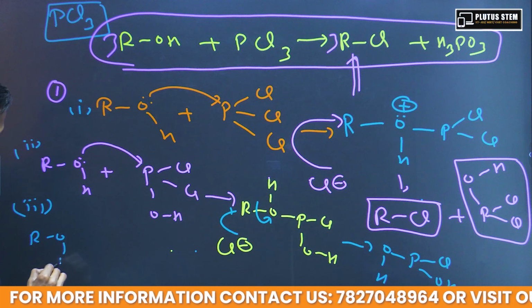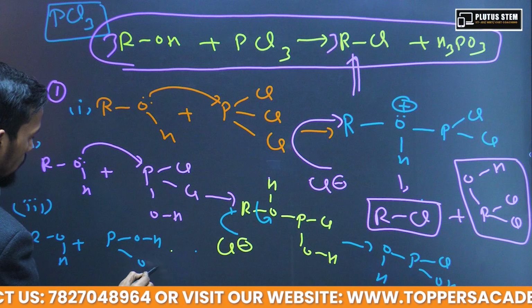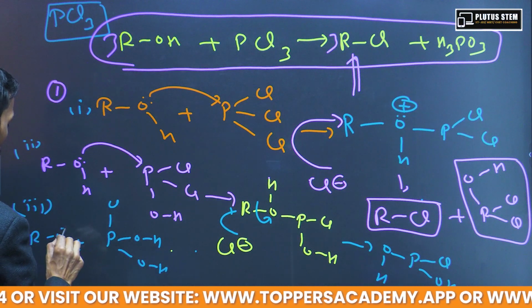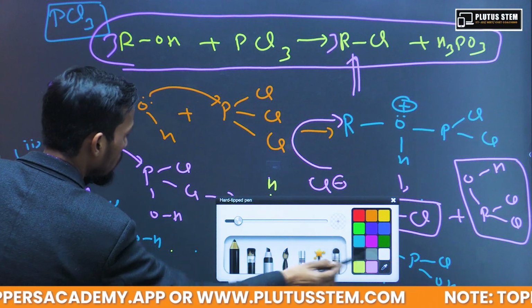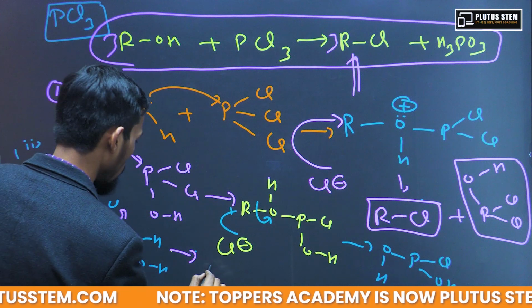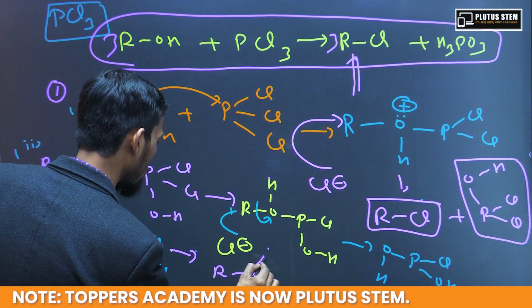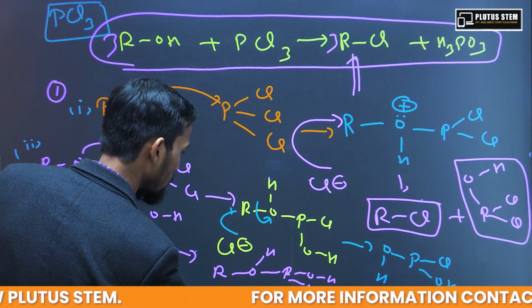Another moiety of ROH will attack at POH, POH and Cl. This will attack over here and this will leave and we will get ROH, POH and POH.